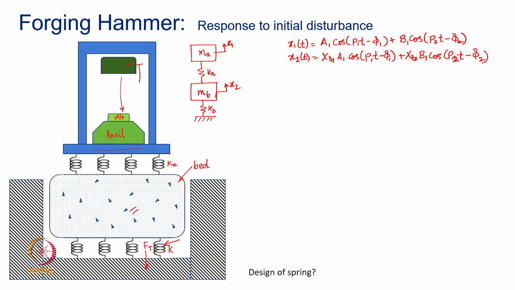Now here, since there are 4 unknowns, I would like to see what the initial conditions are.